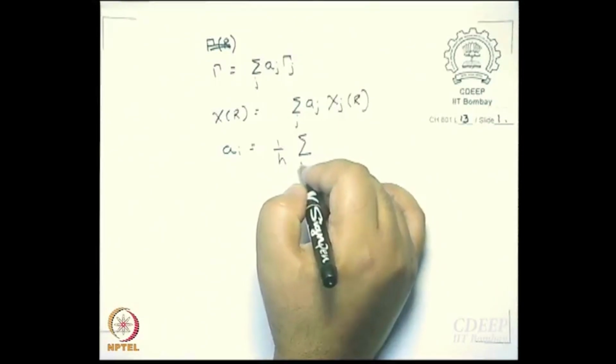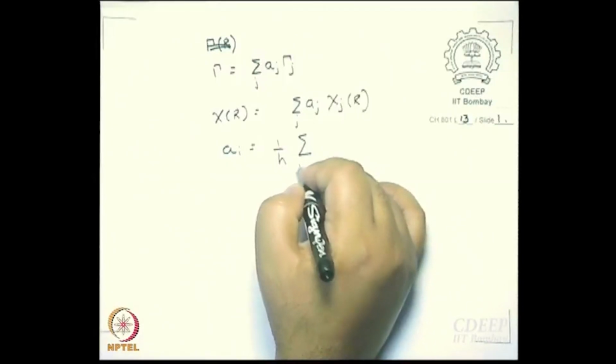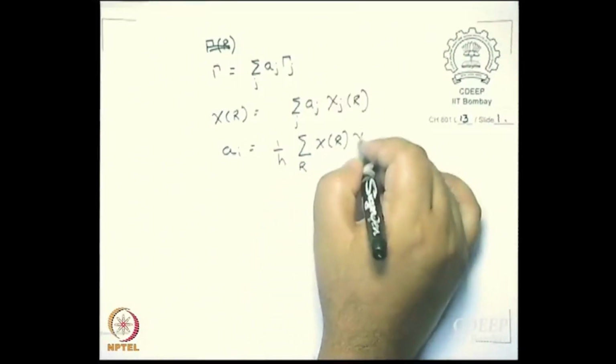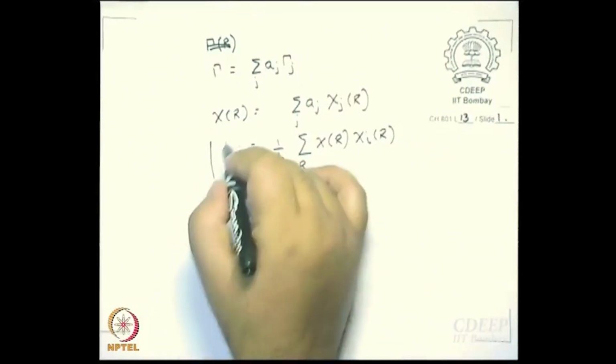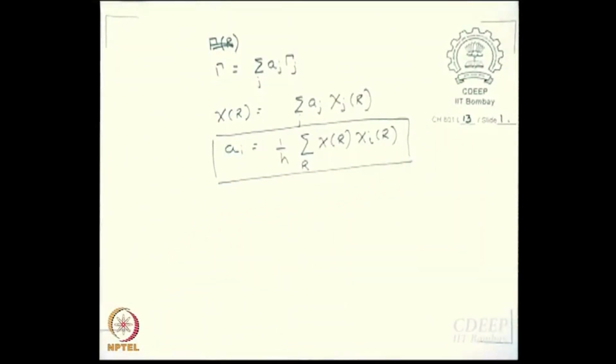I is a specific number, it cannot be a sum over i. This is how we break up reducible representations into their constituent irreducible representations. Alright? Okay? And this is a golden rule, I need you to remember this.